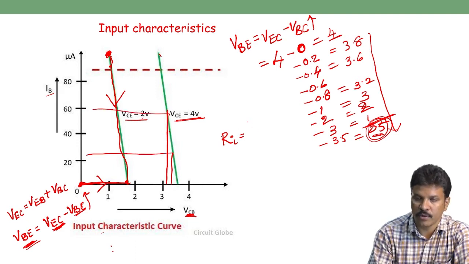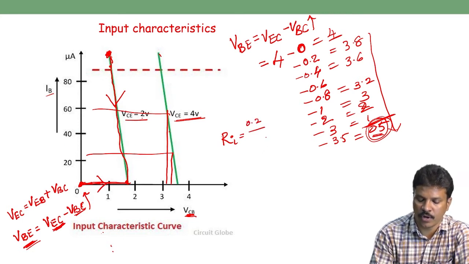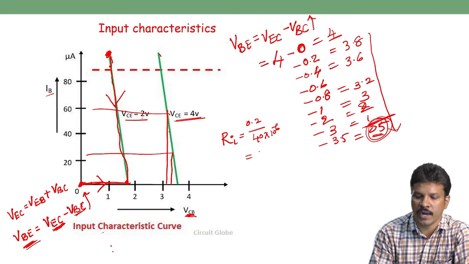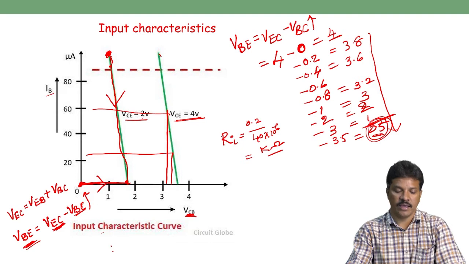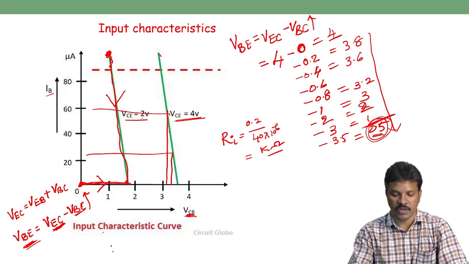So 3.8 to 3.6 is 0.2, divided by the corresponding current, 40 microamperes, 10 power minus 6. If 10 power minus 6 goes to the numerator, we get 10 power positive 6. We will get almost some kilo ohms or mega ohms. So the input impedance is very high in the common collector configuration.